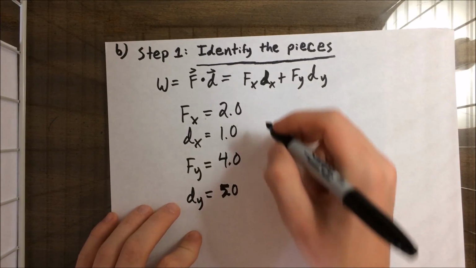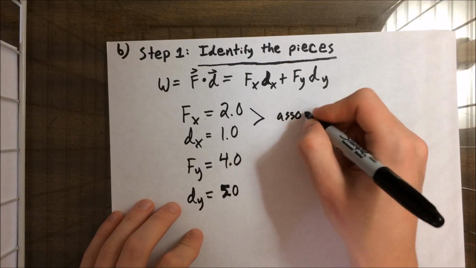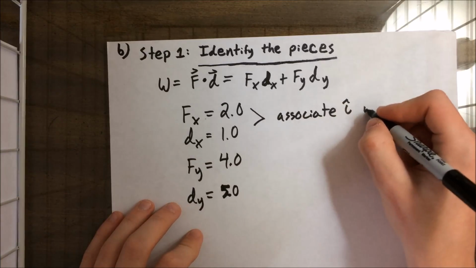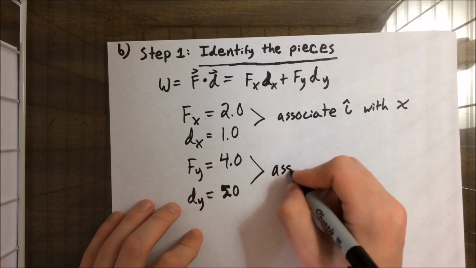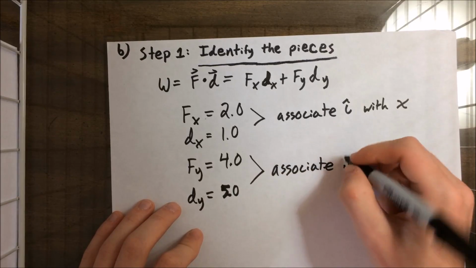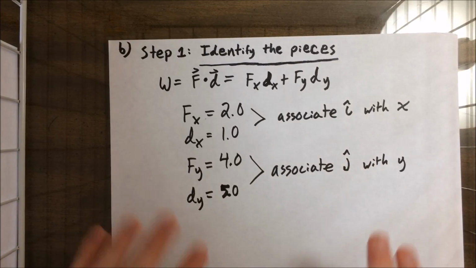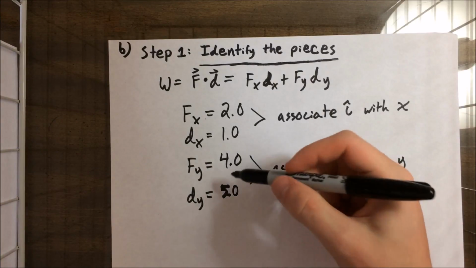Okay, so if you remember, you associate i hat with x, and you associate j hat with y. Just a reminder. Okay, so this is really simple because all you have to do is plug it in.